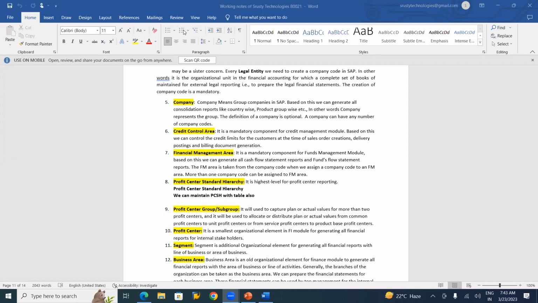Financial management area. It is a mandatory component for the funds management module. Based on this, we can generate all cash flow statement reports and funds flow statement reports.